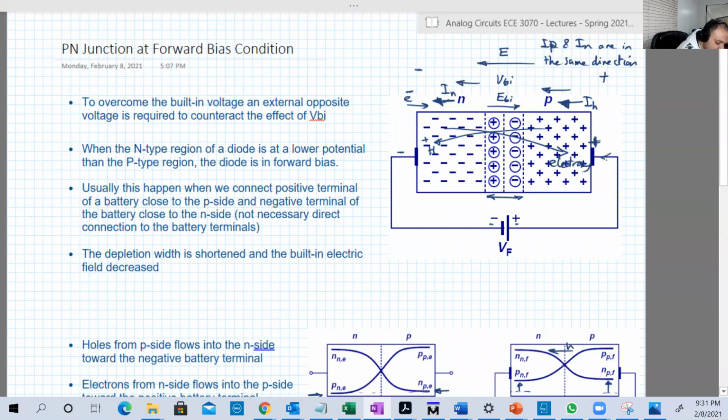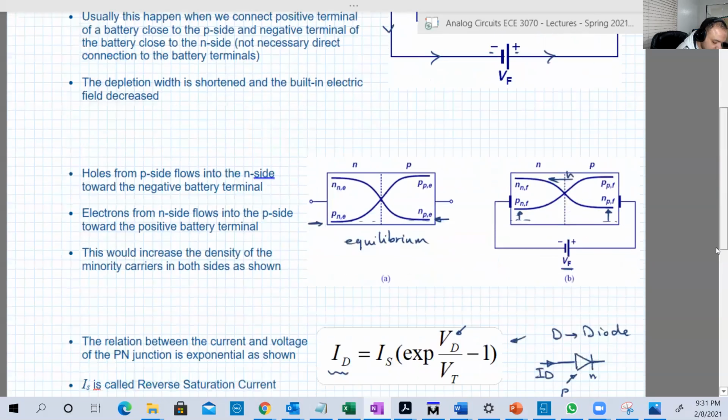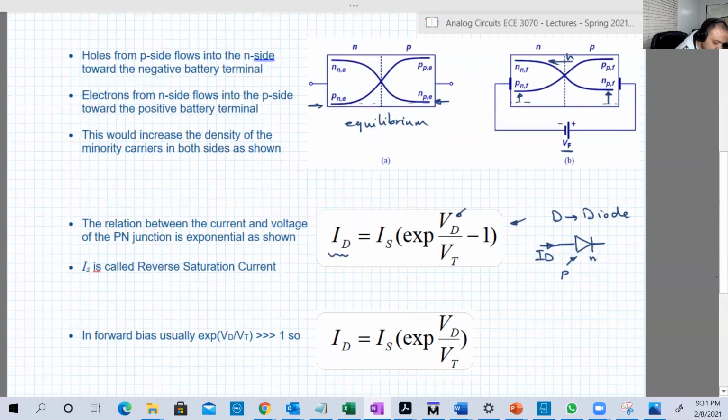So the direction of the current is moving like this, from P to N.